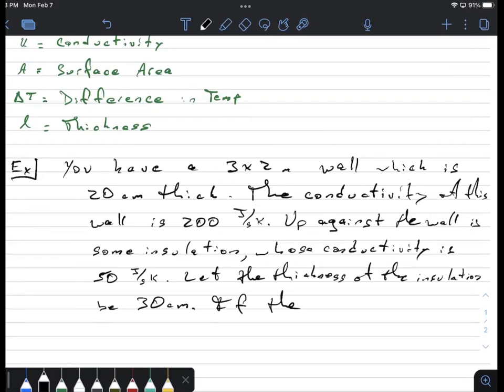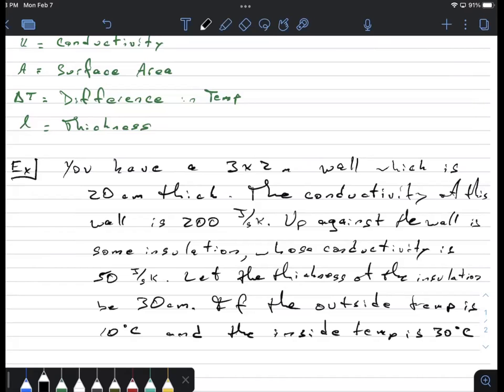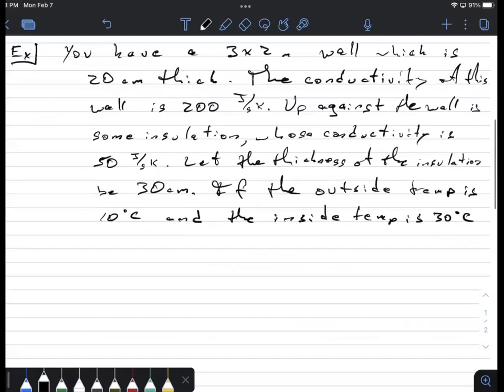If the outside temperature is, let's use 10 degrees Celsius, and the inside temperature is 30 degrees Celsius, calculate.